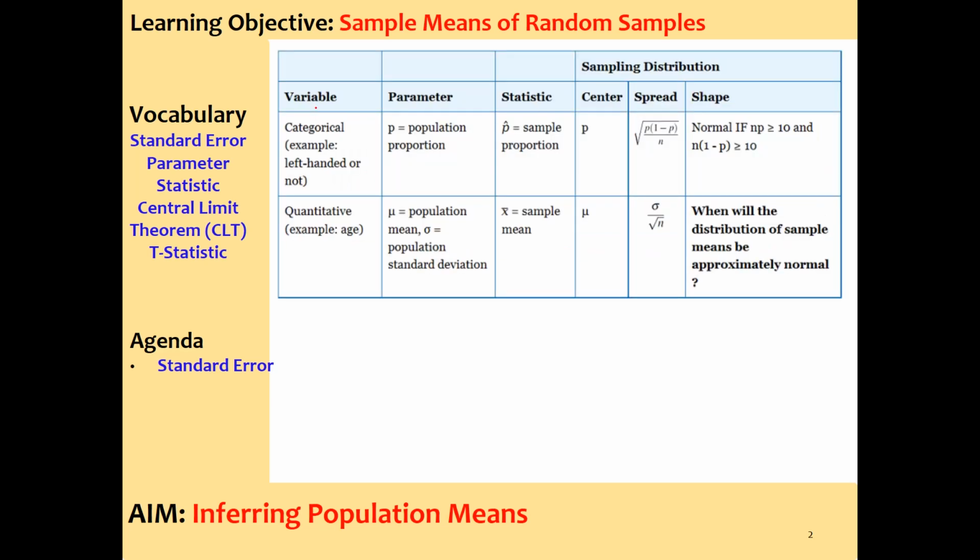And something I want us to think about is, remember when we started last semester talking about distribution and the normal curve, we were talking a lot about center, spread, and shape. And in our last unit, when we were doing population proportions, it was for categorical data, right?